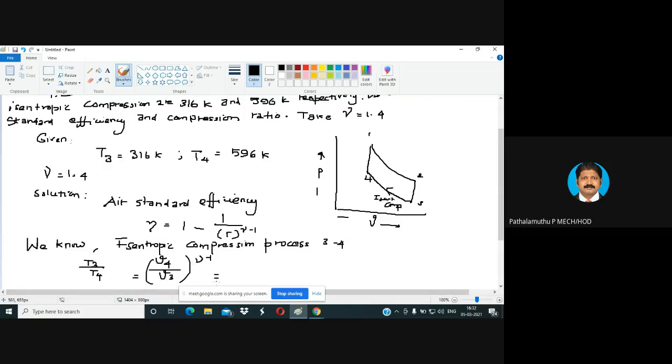We know the compression ratio R equal to V3 by V4, so V4 by V3 equal to 1 by R. So T3 by T4 equal to 1 by R power gamma minus 1.